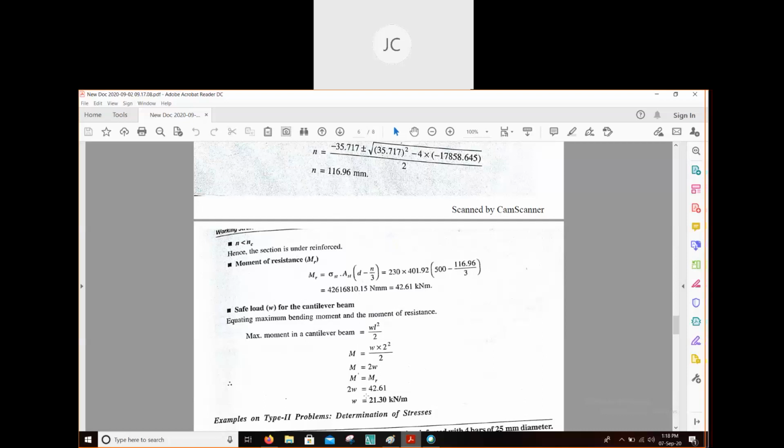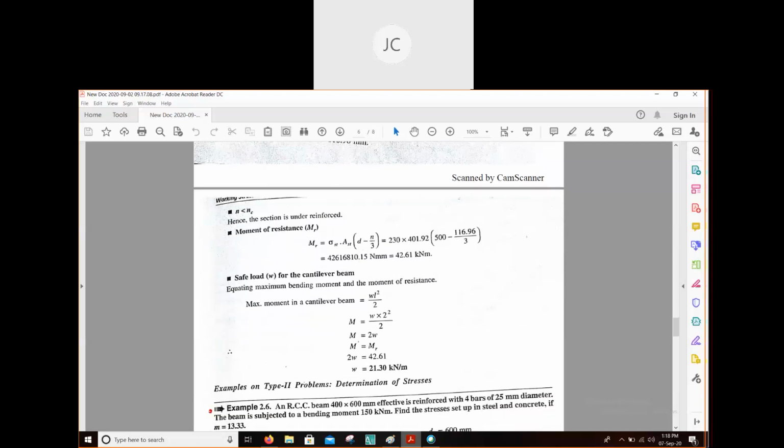This is type 2 problems, determination of stresses, in concrete as well as in steel.